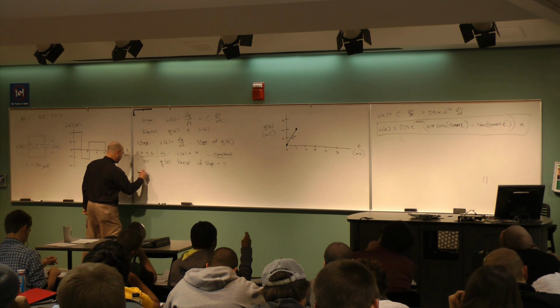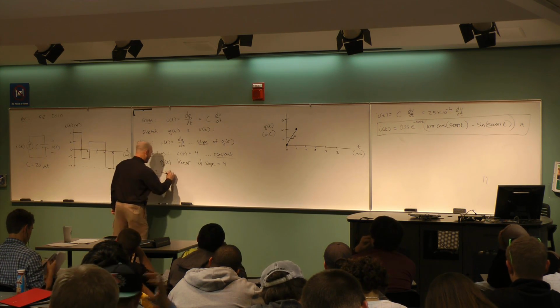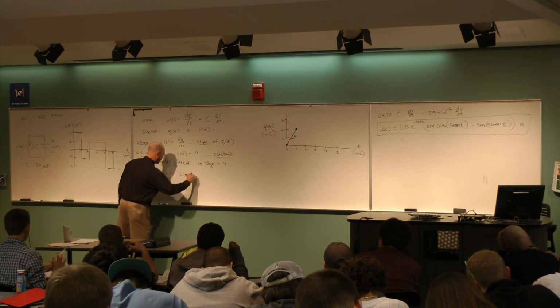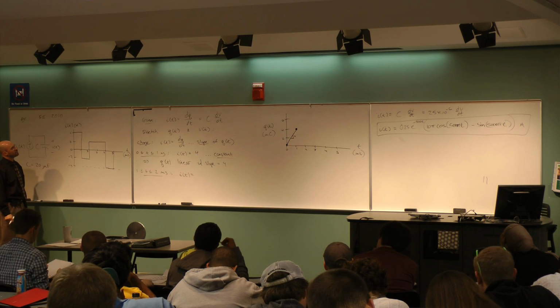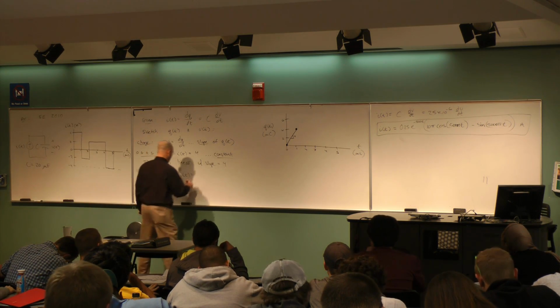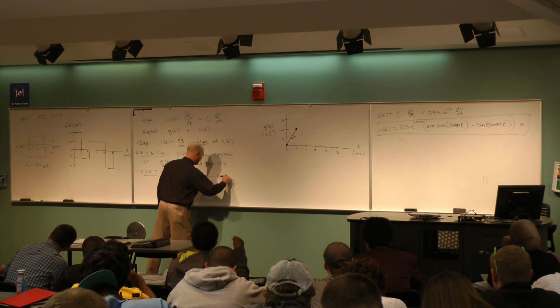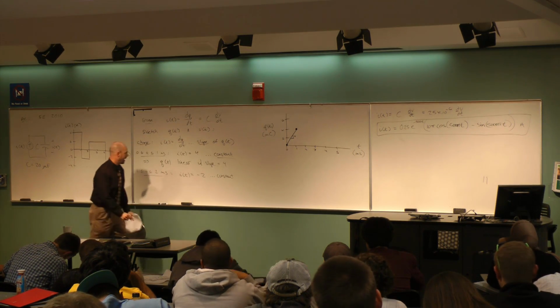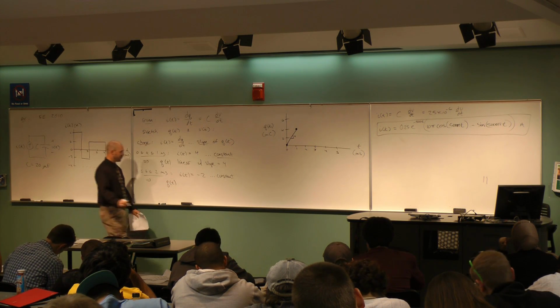If I go 1 less than or equal to t less than or equal to 2 milliseconds, in the next interval, I of t equals what? Yeah, I of t is minus 2. That is a constant, and that's the same as dq dt. So q of t is what kind of function?